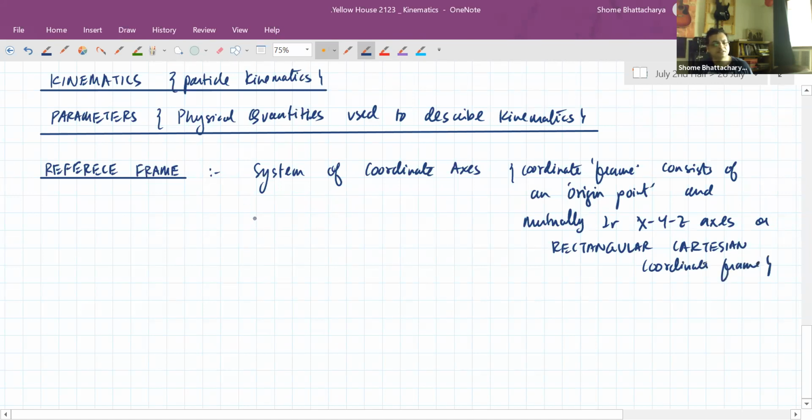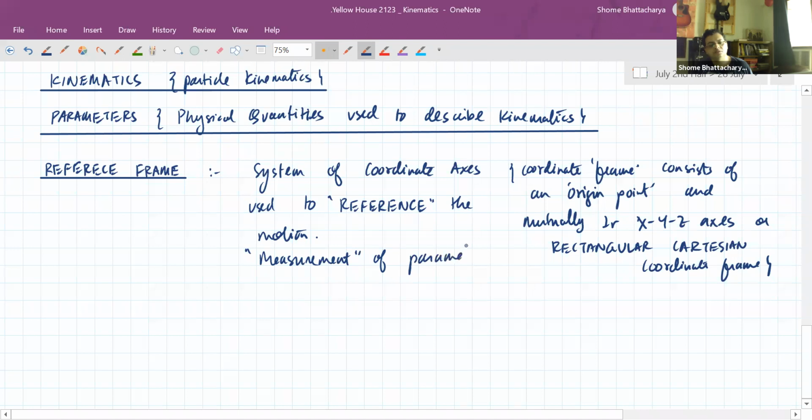So a system of coordinate axes used to reference the motion with respect to. The measurement of all the parameters is done in reference to that frame.